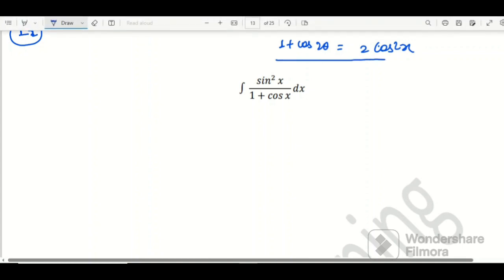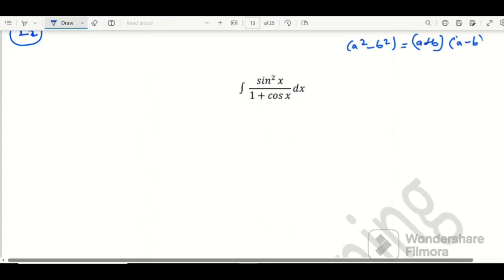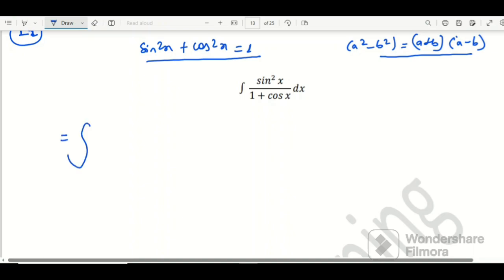Or we can use this thing also. We can use the formula of a square minus b square, a plus b into a minus b. To use this, we'll be using this trigonometric identity: sin square x plus cos square x equal to 1. And we'll replace sin square x with 1 minus cos square x.